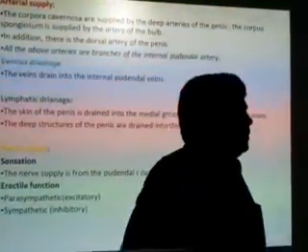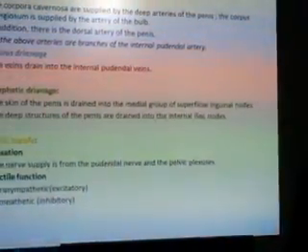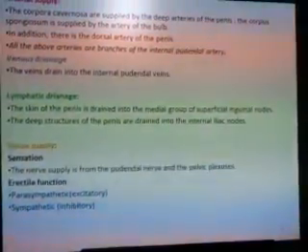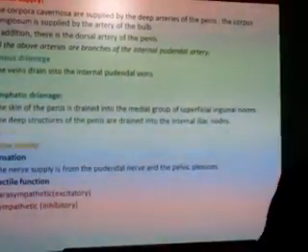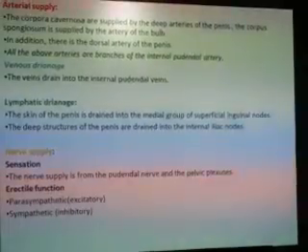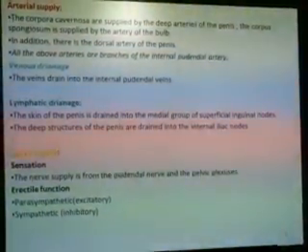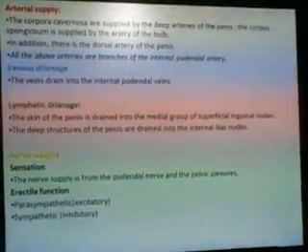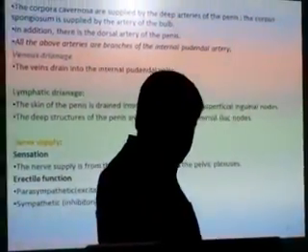Usually the superficial part, which is infected in sexually transmitted disease, drains into the medial group of the superficial inguinal lymph nodes, whereas deep structures go to the internal iliac lymph nodes. So whenever you have inguinal lymph node enlargement, you suspect an infection or disease affecting the penis.